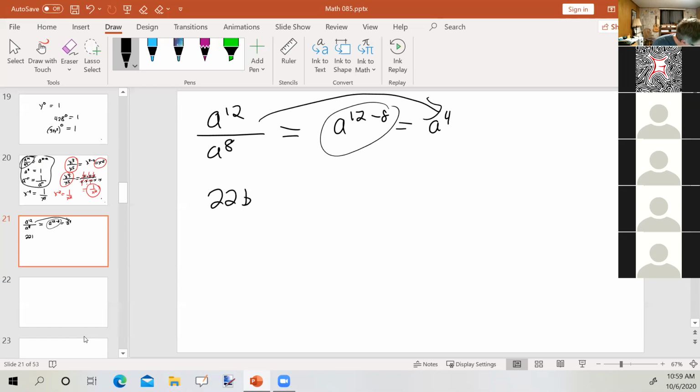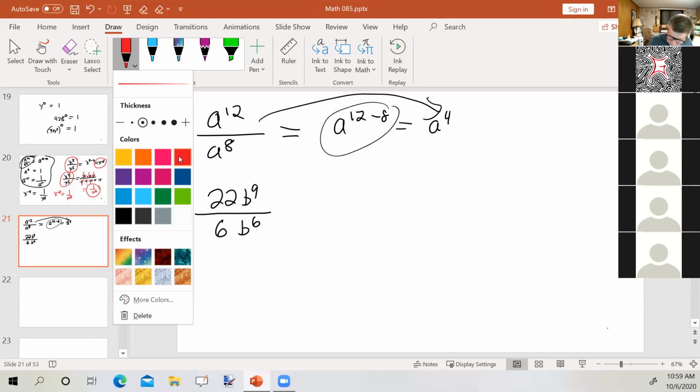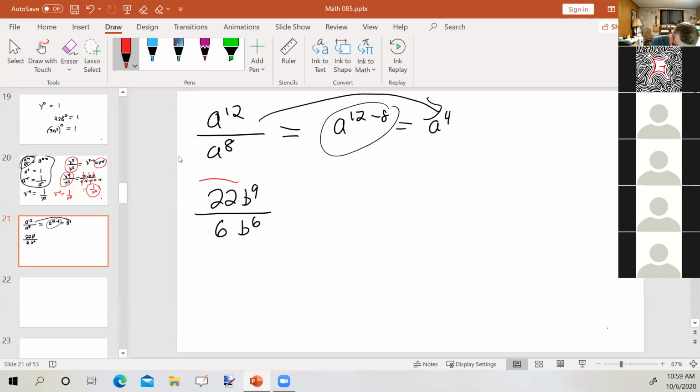22b to the 9th power divided by 6b to the 6th power. Well, let's take it a piece at a time. Let's look at the coefficients first of all. 22 over 6, we could divide the top and the bottom both by 2, and we get 11 thirds.